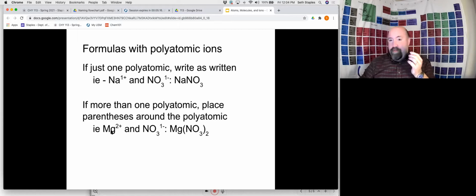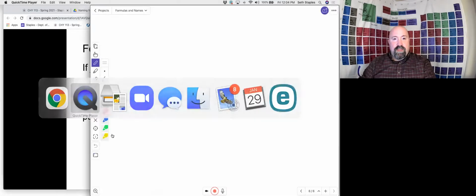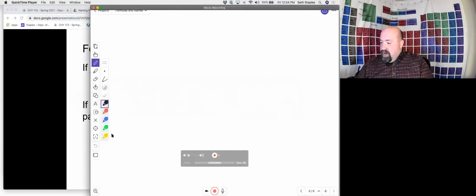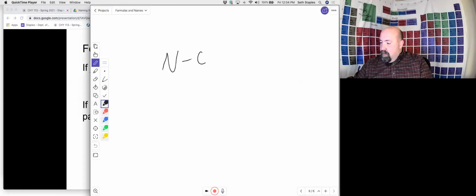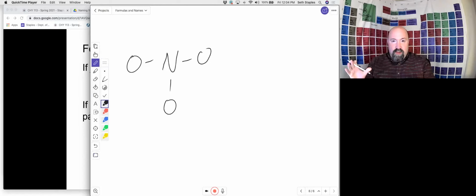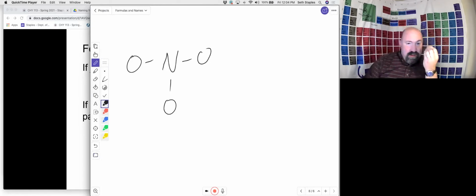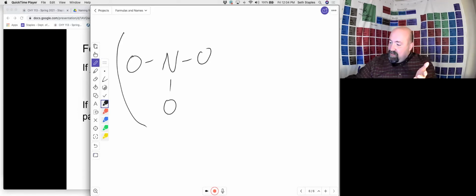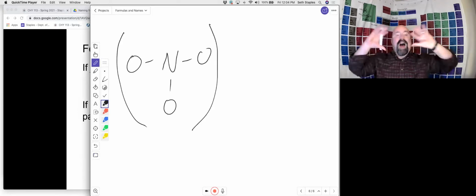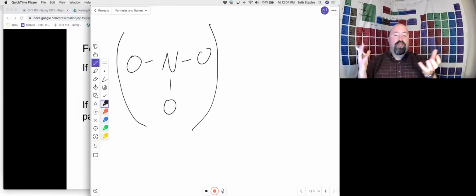Now, it's important for us to recognize that those 2 nitrates, or that nitrate in general, nitrate is this thing here. We'll talk more about structures later on, but this is what nitrate really is. It's this thing with nitrogen attached to 3 different oxygens all around it. And so our formula that we write has to somehow show that it's 2 of that entire structure, 2 of that whole thing.